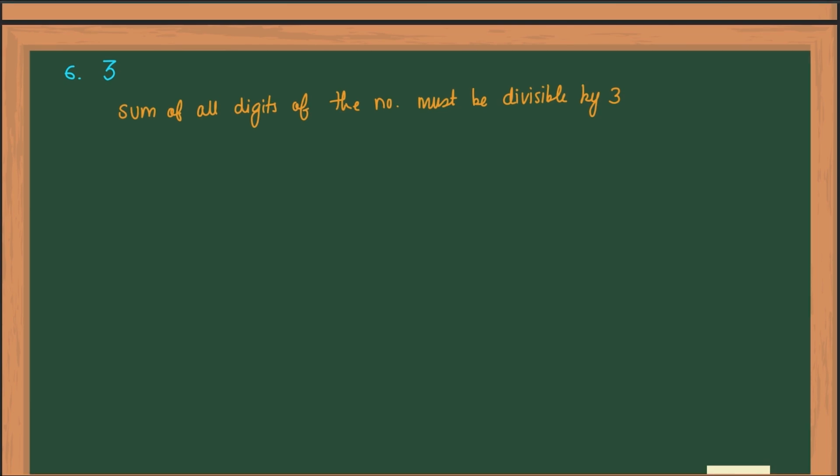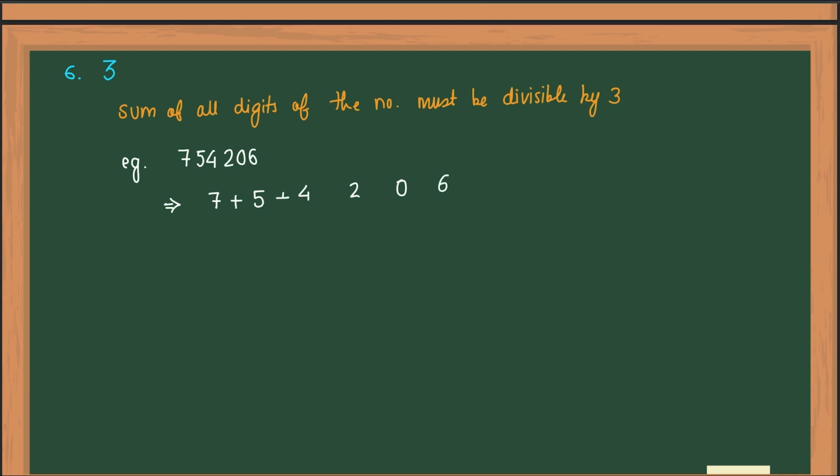So as a whole, what does it mean? It simply means that if I take an example, let us consider that the example number is 754206. The rule simply says that we have to sum all the digits. Now, what are the digits over here? The digits are 7, 5, 4, 2, 0, 6.